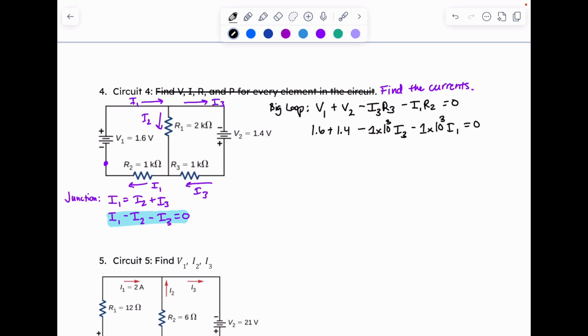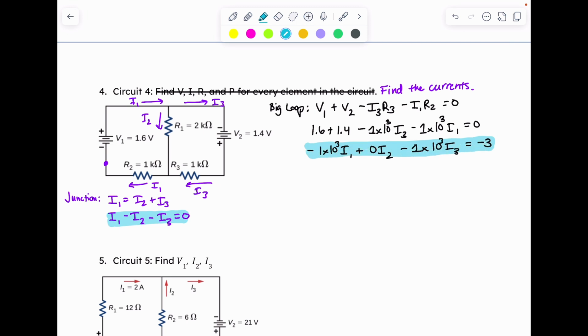So what I have here is negative 1 times 10 to the third I1 plus 0 I2 minus 1 times 10 to the third I3 equals negative 3, because I added this together to get 3, and then I subtracted it over here. I wrote this with the 0 I2 just so we can see what our system of linear equations is going to look like. So this is our second equation.